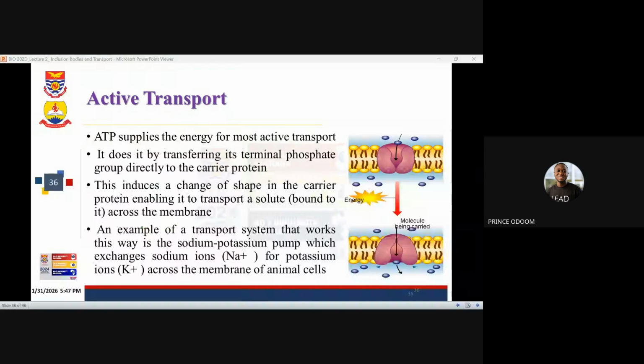Once you add just a little molecule to the brick, you change the shape. You can change it to a box, to an L shape, or even to a flat shape. That is what happens there. So once the terminal phosphate attaches to the carrier protein, definitely the shape will change, and when the shape changes, it is able to work and let the solute go through. An example of this is the sodium potassium pump, which exchanges sodium and potassium ions. So that is active transport.